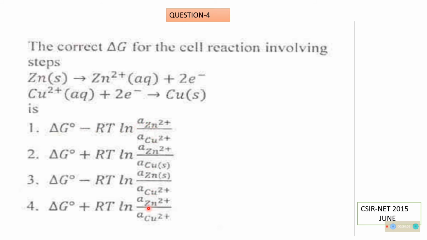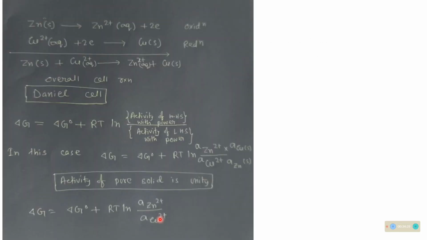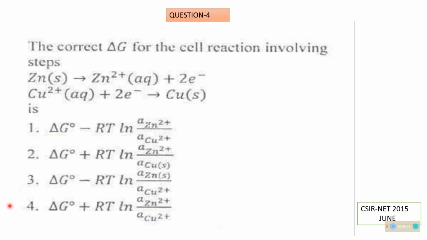If we flip the terms, with copper 2+ up and Zn2+ lower, then it becomes negative. But still Zn2+ is on the upper side. So delG0 plus RT ln a Zn2+ over a copper 2+ is the right answer. So option 4 is correct.